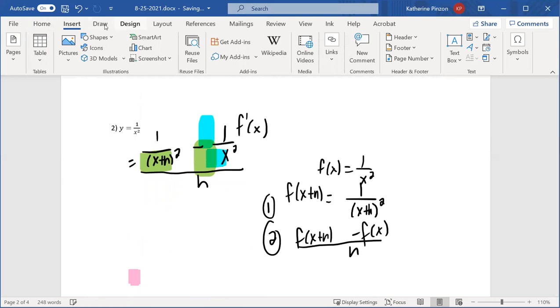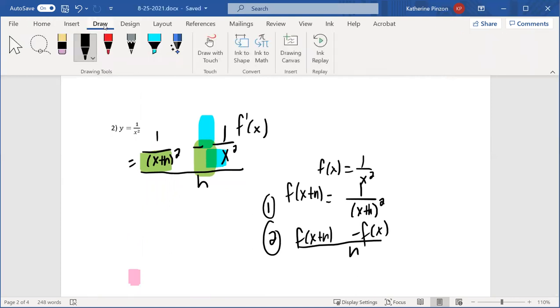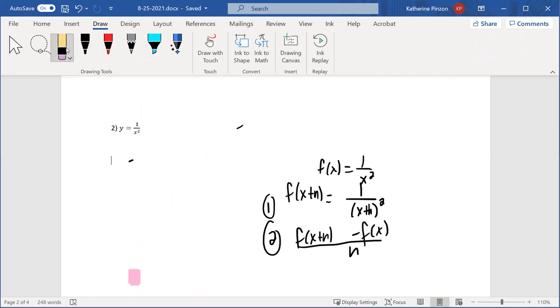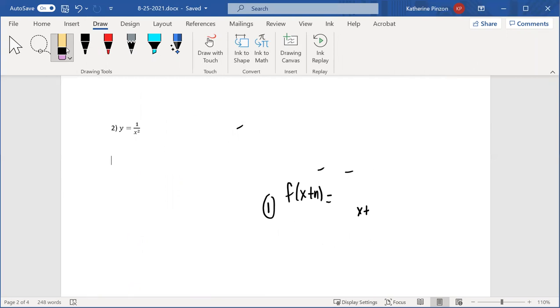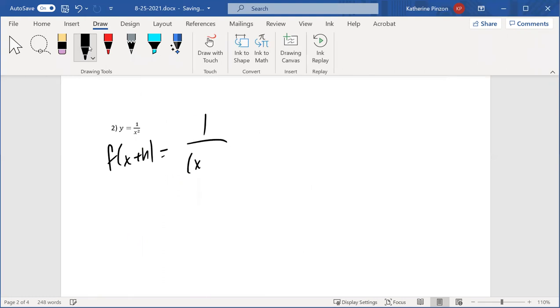No, it didn't work. I'm going to just write it again. Okay, f of x plus h was 1 over x plus h squared, step number 1.